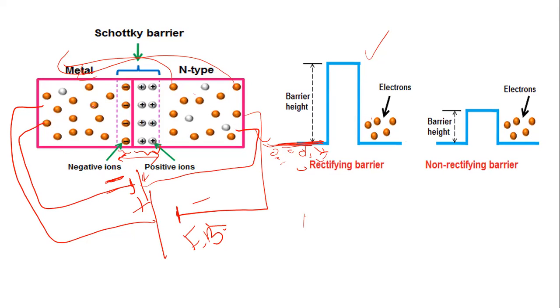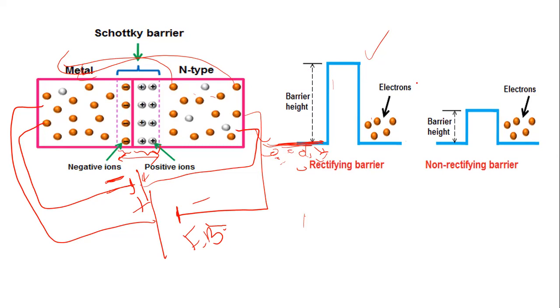So the electron is supposed to travel to this side of the junction, but for electrons lying below the Fermi energy to travel to the N side of the junction, the potential barrier height, if it is very large, electrons cannot come across this metal semiconductor junction, therefore giving what is called a rectifying property.